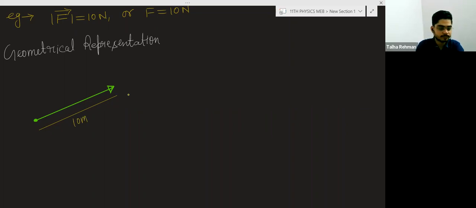I'm not writing the unit; 10 can be in meter, there can be 10 Newton. And this head of the arrow represents the direction of the vector. So this 10 is the length of this arrow, and this length of the arrow represents the magnitude of the vector. 10 is the magnitude.